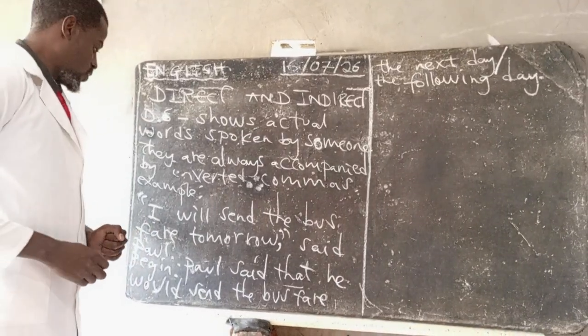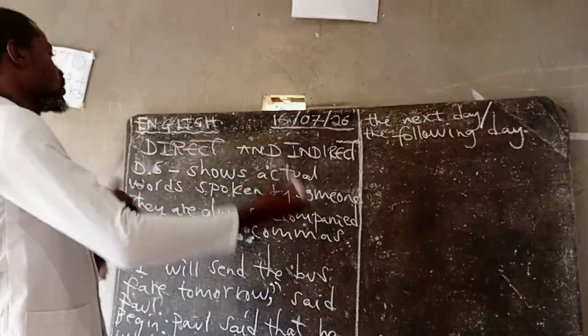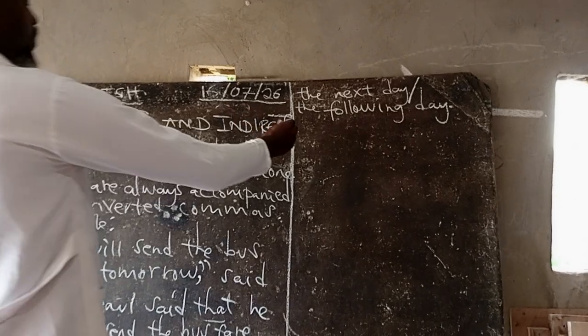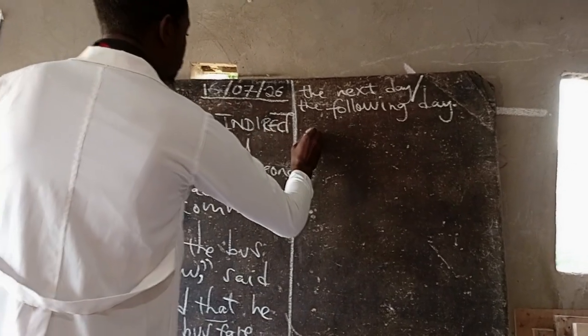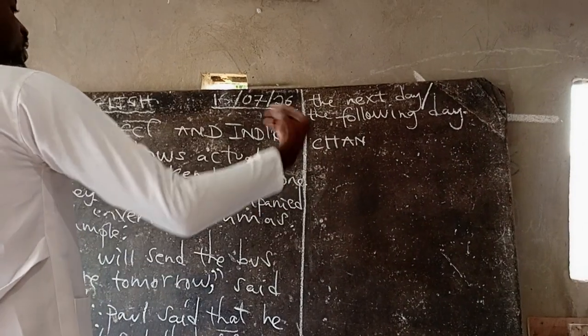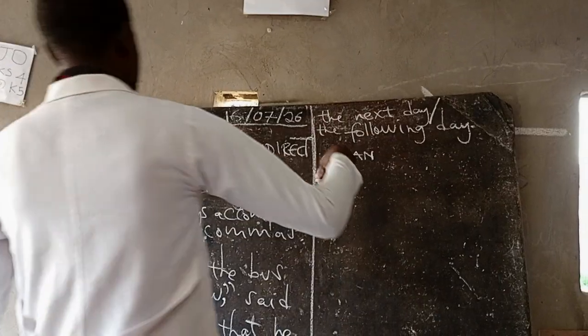Okay, so let me give you now changing indirect to direct. That's where the issue is. Most students find this part difficult. I'll just give you one example and food for thought. We'll go into details during class.